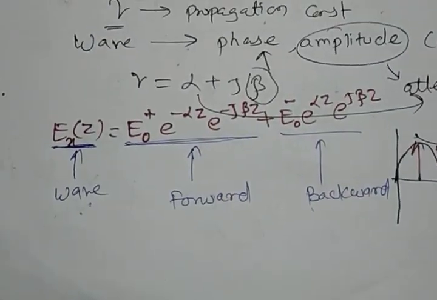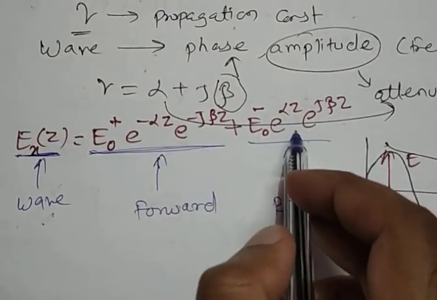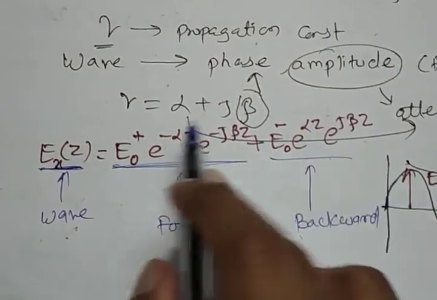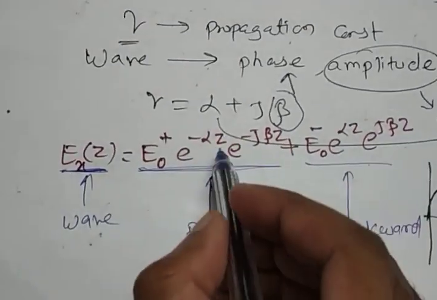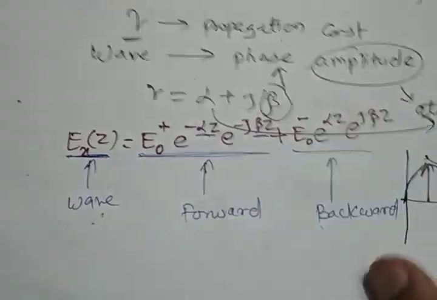So the complete wave is a combination of the forward wave and backward wave if the backward wave exists. And what are their terms? We have alpha and beta. So we'll write down the expression only for the forward wave.